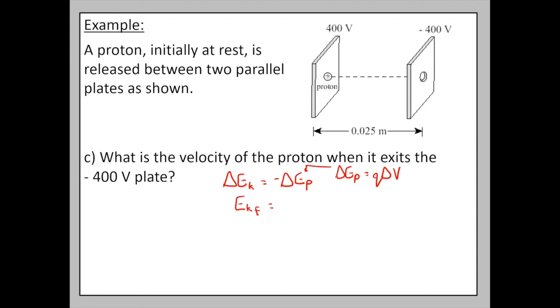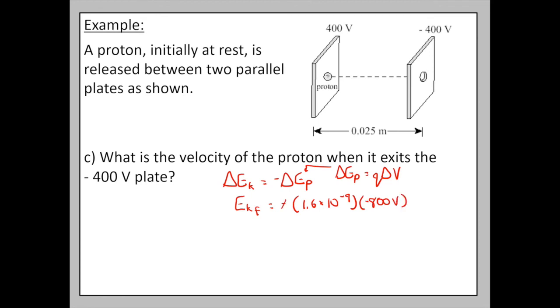And now we can simply calculate the change in potential energy by plugging in our values for q, which is 1.6 times 10 to the minus 19, and delta V, which in this case is going from a positive 400 volts to a negative 400 volts, which ends up being a negative 800 volts.